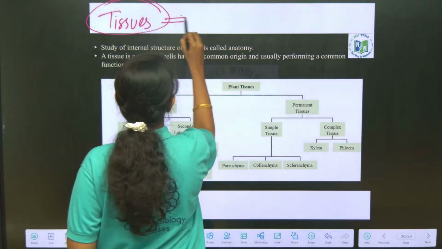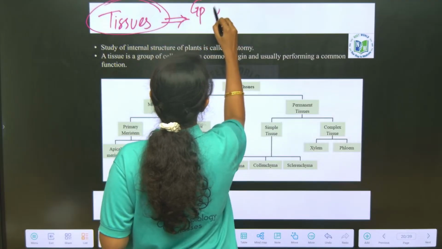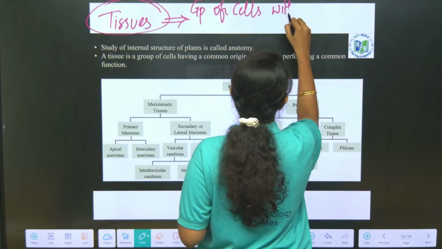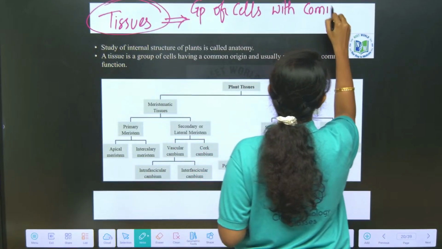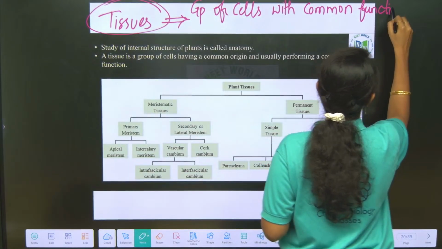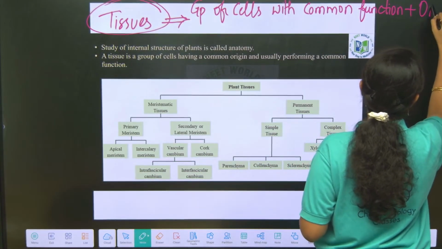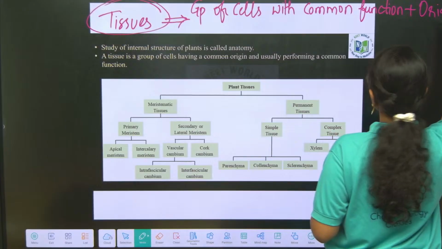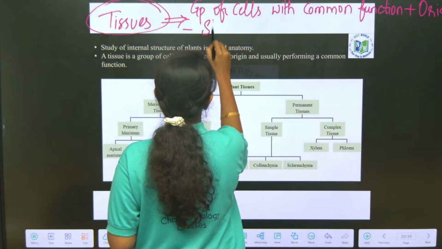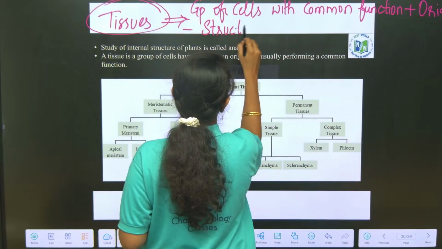Tissues are a group of cells with common function and origin. They can be structurally similar or dissimilar.